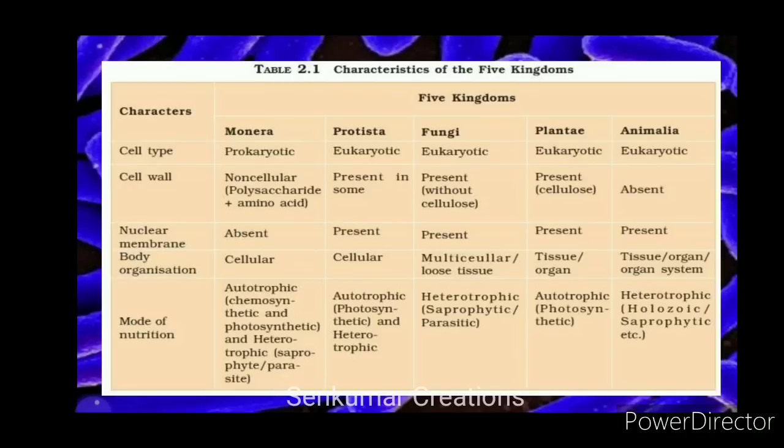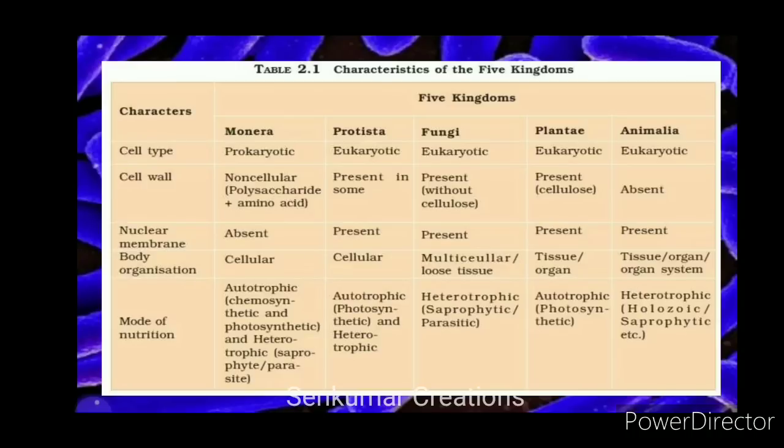Mode of nutrition. Monerans are autotrophic. So here we can see chemosynthetic and photosynthetic, and heterotrophic organisms, saprophyte and parasite. Autotrophs, we know very well, are organisms that can make their own food by the process of photosynthesis, which mainly requires the chlorophyll pigments present in the chloroplast.